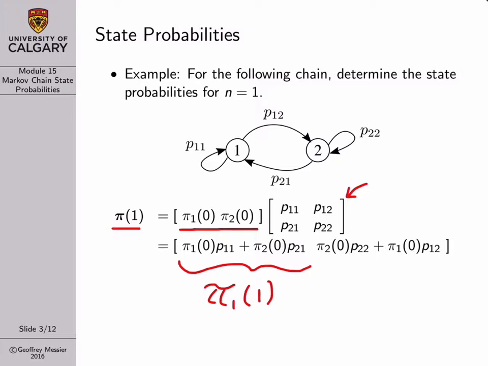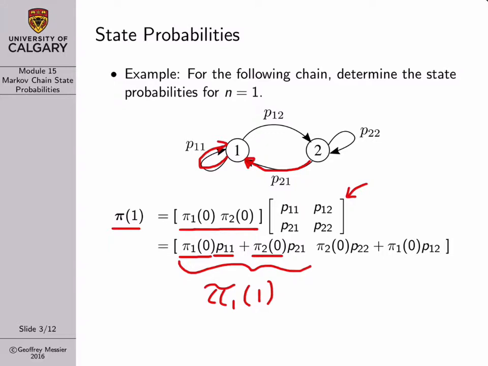The first term is pi 1 of 0, the probability that we start out in state 1, multiplied by p11. So it's the probability that we start out in state 1 and follow the loopback probability. The second term is the probability that we start out in state 2 at time step 0 and then follow the transition from state 2 to state 1.